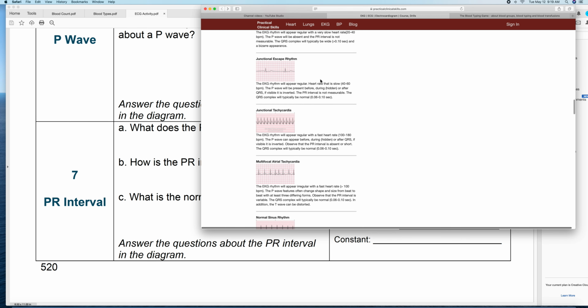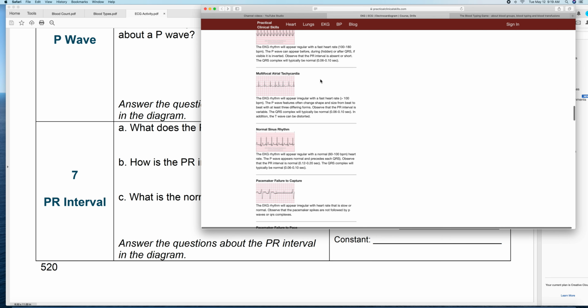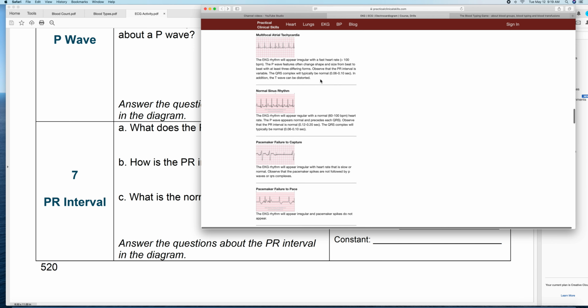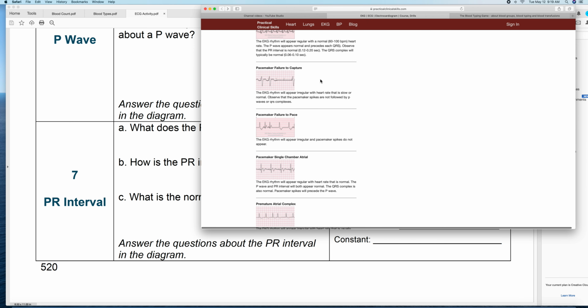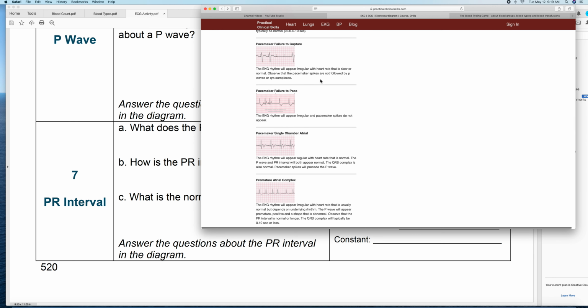I even had my own done when I was pregnant. I was having premature ventricular contractions. What happened was my ventricles would contract and discharge the blood, but then they would contract too soon. So then they would have to wait longer to fill again.